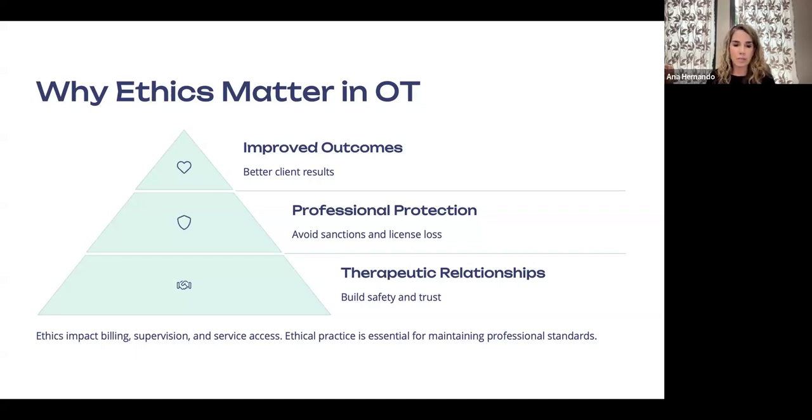It impacts supervision. I know in a lot of places, the rules of supervising occupational therapy assistants have changed. So what does that mean? With ethics, we have to make sure that we know all of the changes that have happened and that we're holding our companies accountable to how those supervision rules and regulations have changed.